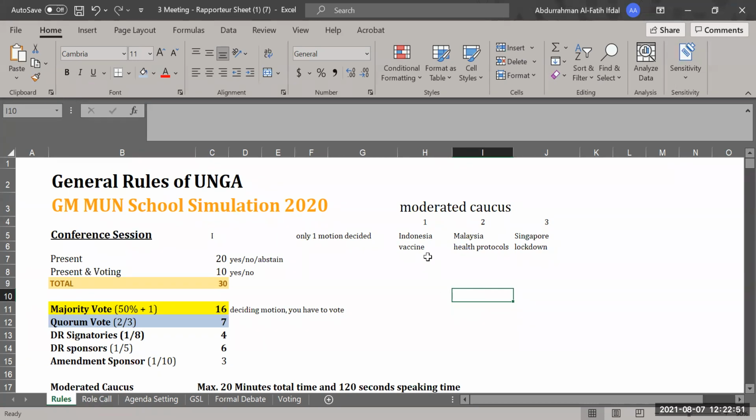So remember when Indonesia proposes, when Malaysia proposes, and when Singapore proposes, there is no voting session yet. The voting session starts when Singapore finishes proposing. So when the third motion is proposed, the chair will then move on to the voting session using the majority vote.